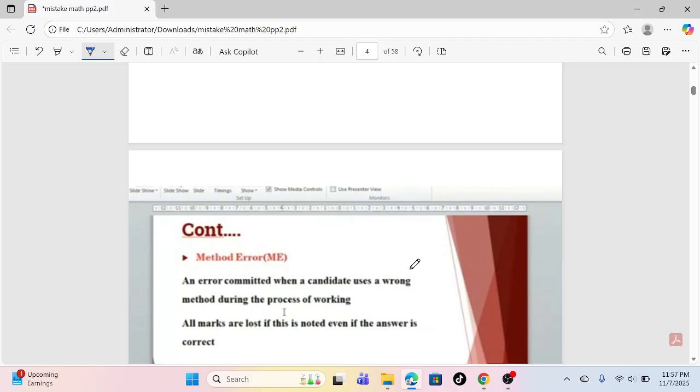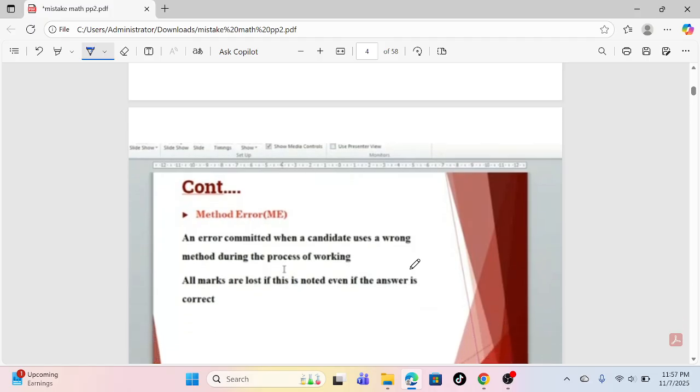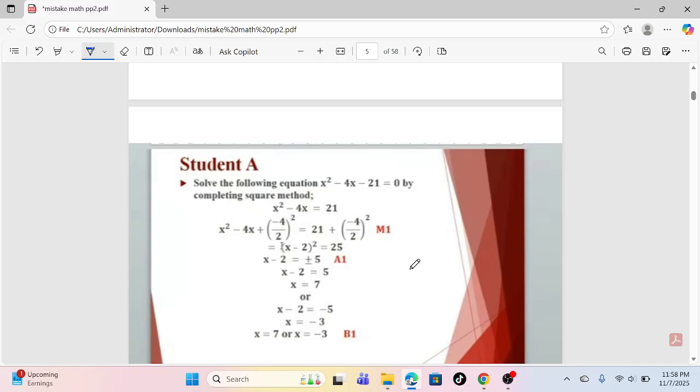Method error. An error is committed when the candidate uses a wrong method during the process of working. All marks are lost if this is noted, even if the answer is correct. The answer is already correct, but the method you used is wrong. So even if the answer is correct, you will not get any mark. For example, quadratic equation.